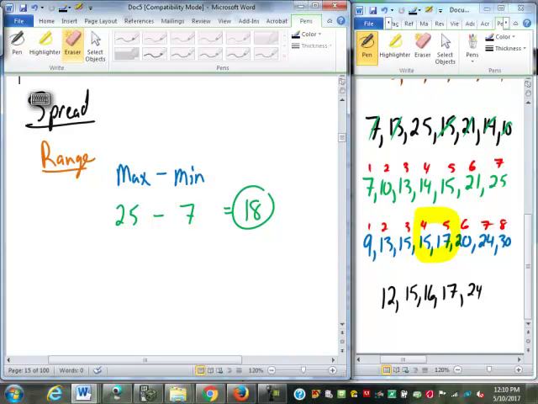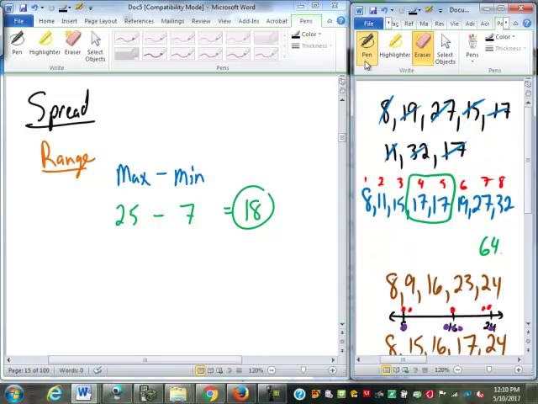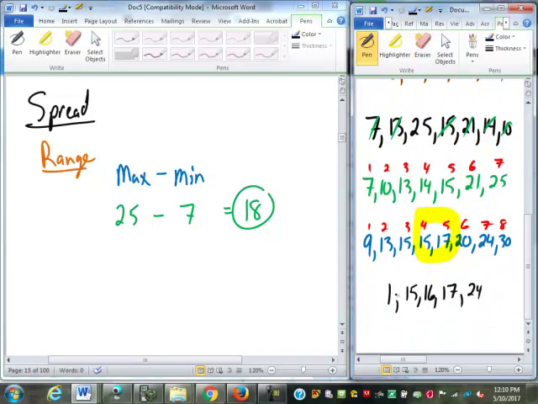Actually, no, that's not going to work. I'll make this 8 instead of 12 here. We'll do 8, 15, 16, 17, and 24. Then we're going to do a second set. 8, 9, 16, 23, and 24.